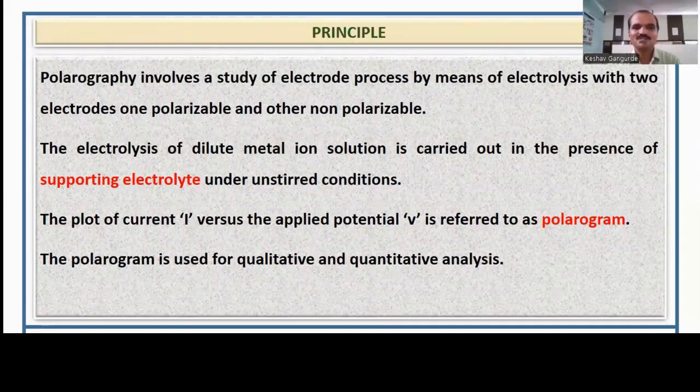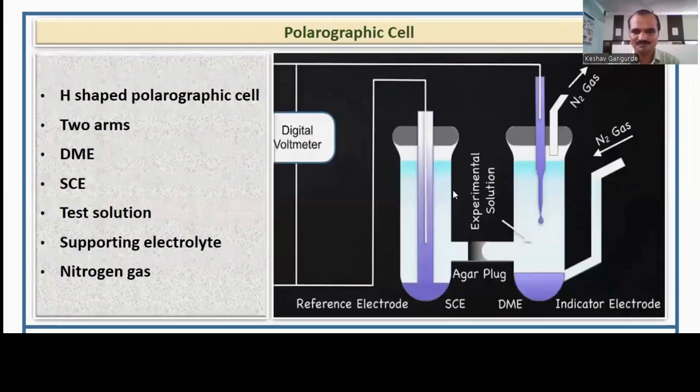The electrolysis of the dilute metal ion solution is carried out in the presence of a large concentration of electrolyte, which is called the supporting electrolyte, and this electrolysis is carried out under unstirred conditions. For the analysis, the plot of current I versus applied potential is plotted, which is referred to as a polarogram, and it is used for qualitative as well as quantitative analysis of the sample solution.